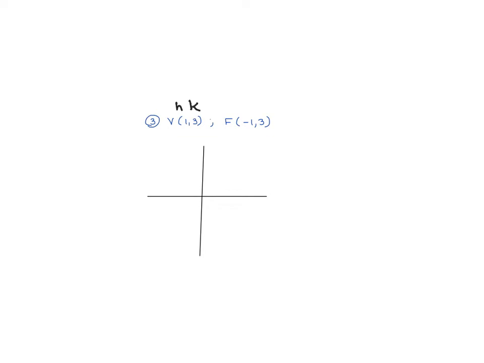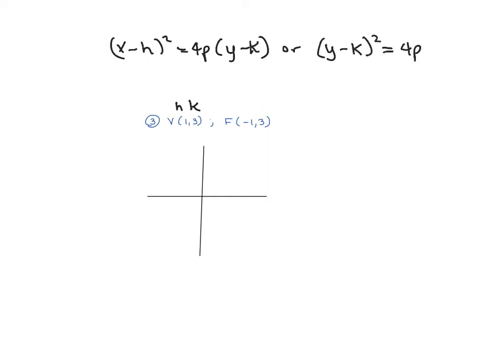So our two scenarios when our vertex is not at the origin are: we either have x minus h squared equals 4p times y minus k, that's the up and down, or when it's the C, left and right, then it's y minus k squared equals 4p times x minus h.